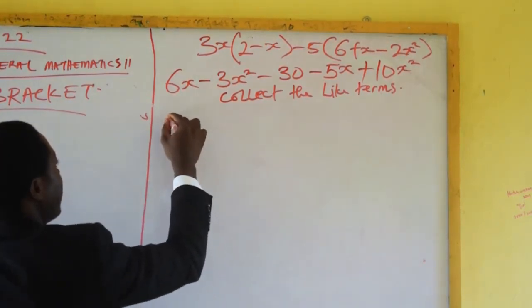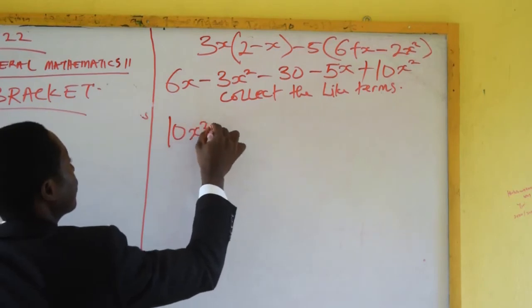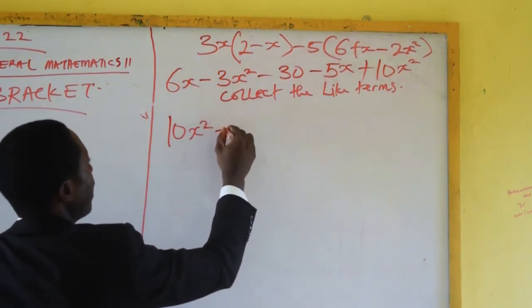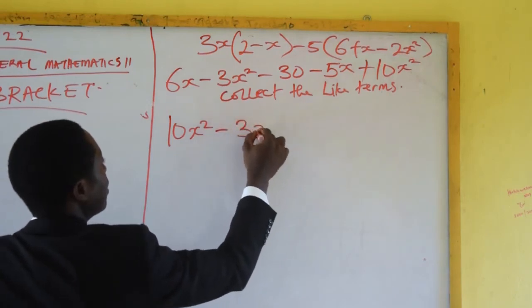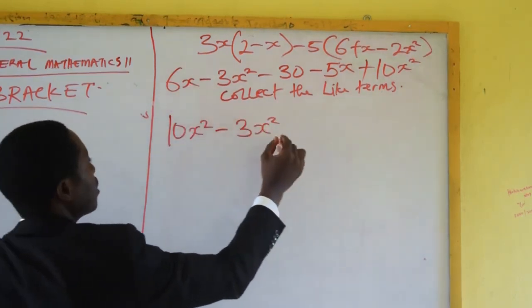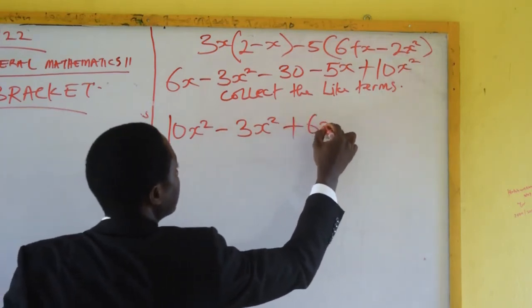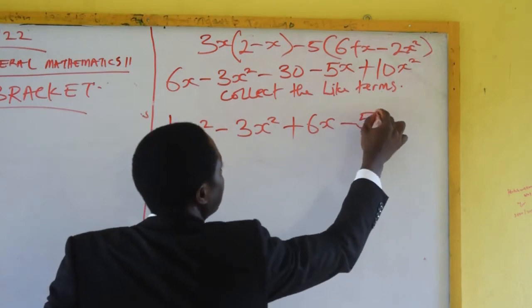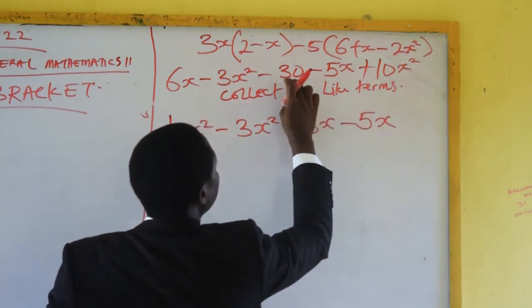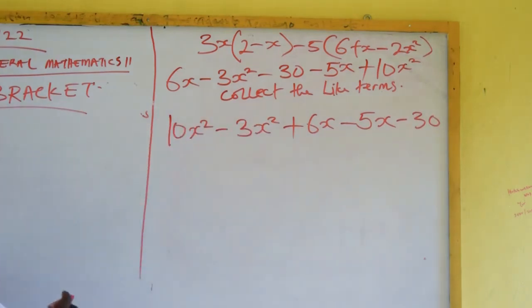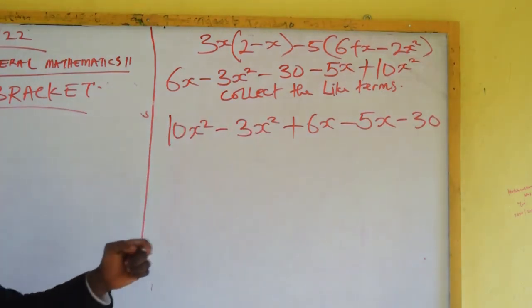So that will be 10x squared. This also has a higher degree. Minus 3x squared. Then the one with x, plus 6x minus 5x, then minus 30. Now cross check it. Make sure none is left out.